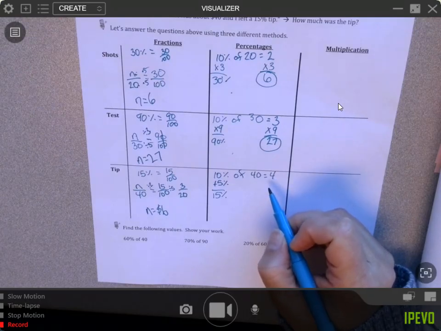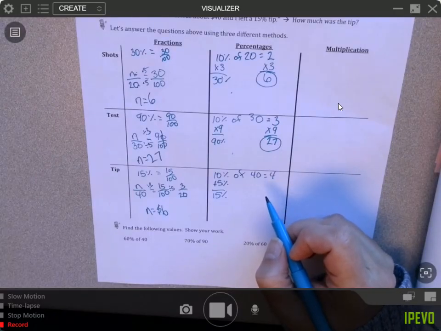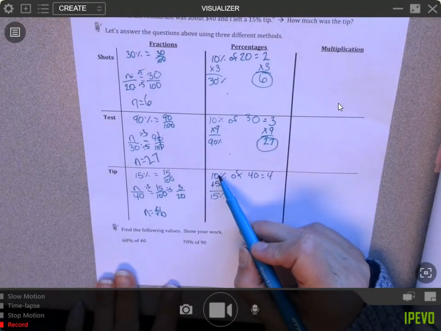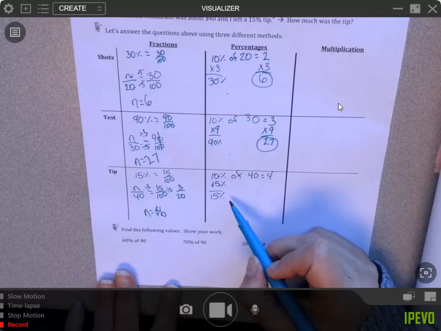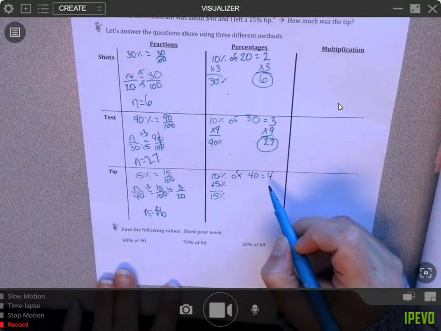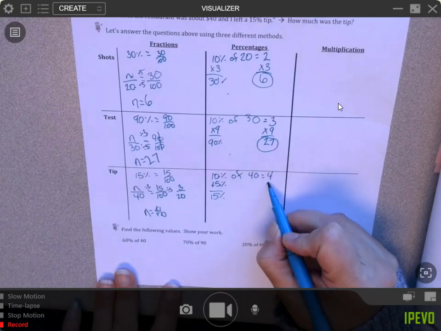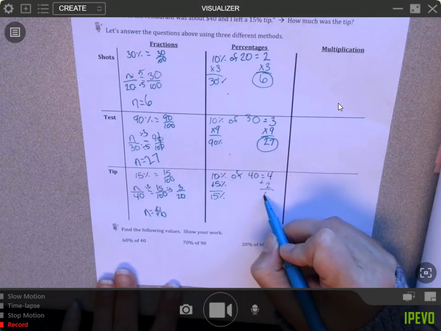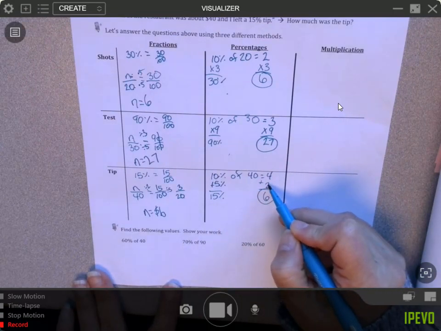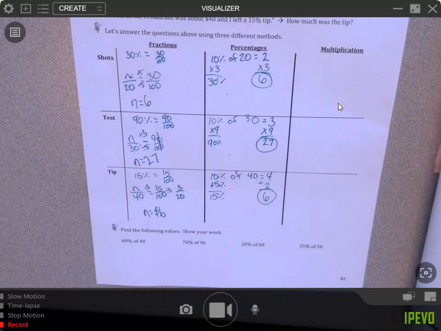No. But if we think back to what Graham had said, we can multiply it by 1.5. So 5% is half of that 10%. So what is half of our 4? Eleanor? 2. So we're going to add that 2 because we added a half to get to 15%. We're adding a half of that 4 and we get to our 6.